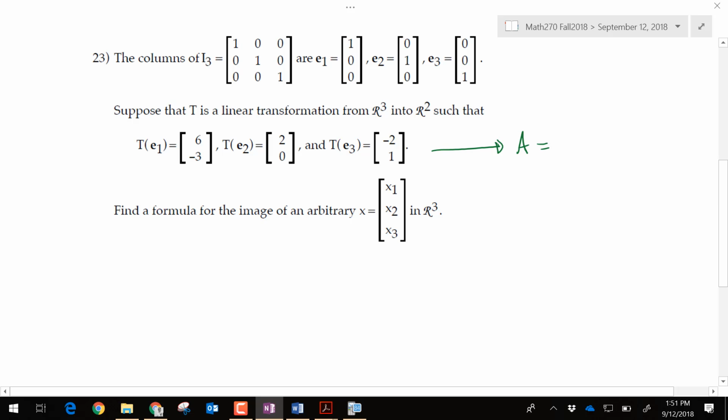So that's really easy. So 6, -3, 2, 0, -2, 1. So this is your standard matrix for the transformation.